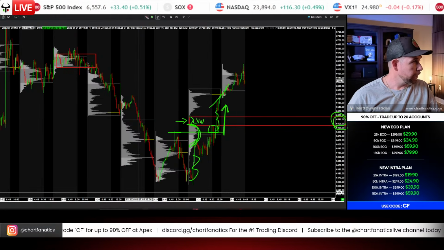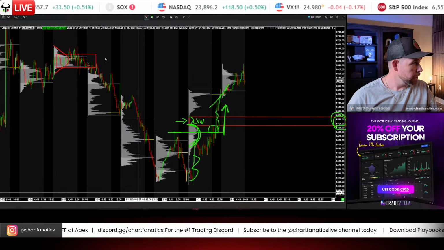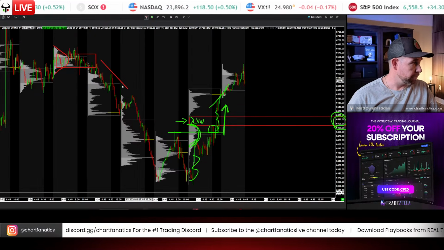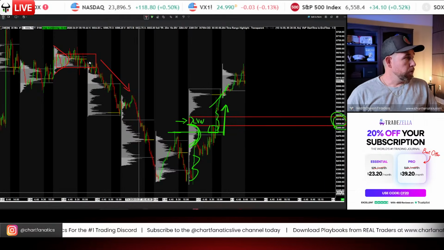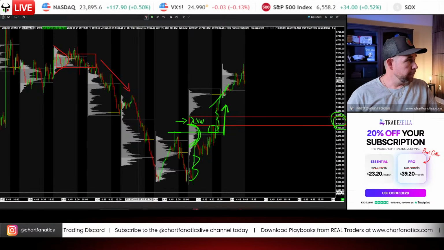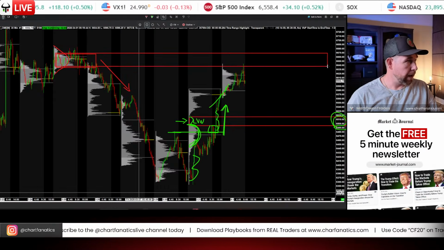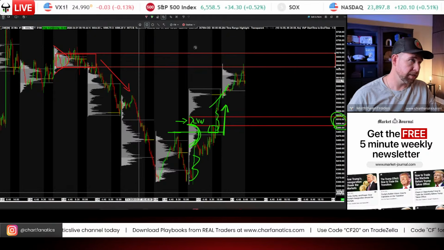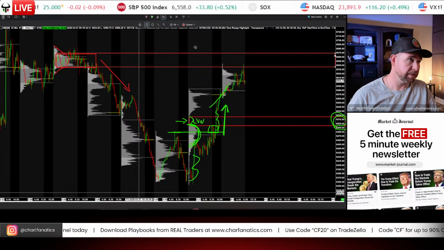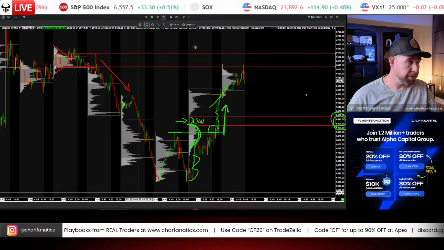So we had what I would consider a supply zone here, which was a consolidation followed by a strong breakdown. Looking at the zone here, if I extend this over, you can see this is where we rallied into. And that's that supply zone that I talked about between 6640 and 6660-ish, right? Key supply zone there.